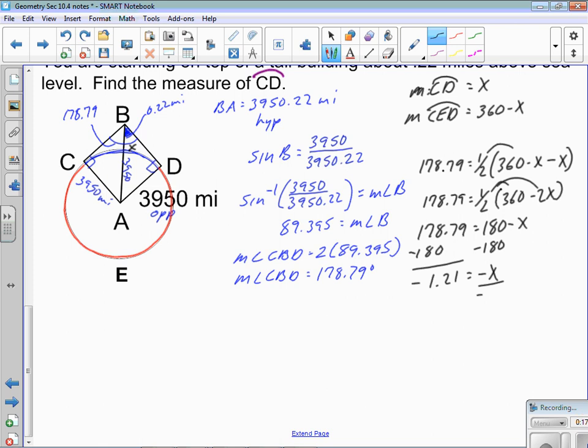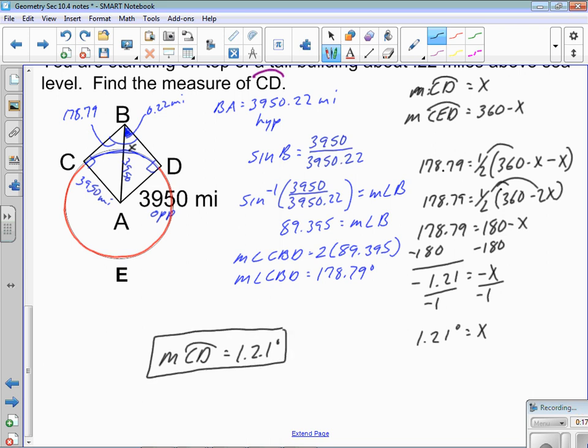And then get rid of the negatives by dividing by -1. So 1.21 degrees would equal our x, or the measure of arc CD equals 1.21 degrees. And simple as that.